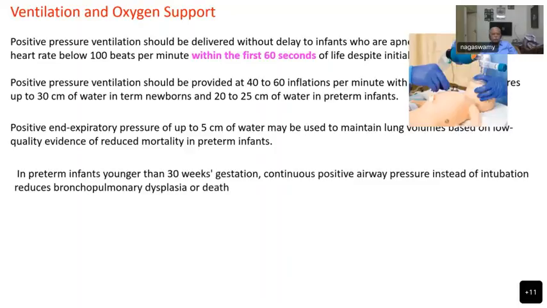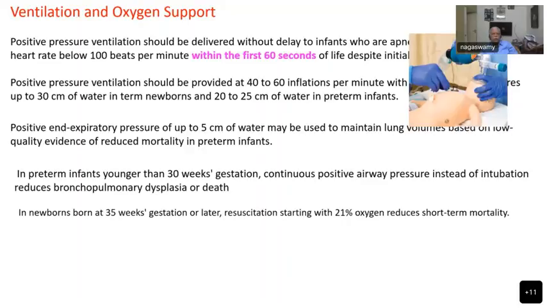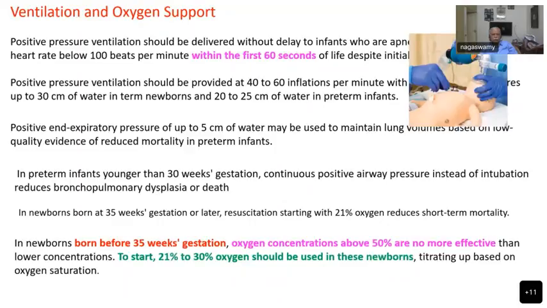In preterm infants younger than 30 weeks of gestation, positive pressure instead of intubation can reduce the bronchopulmonary problems. For newborns at 35 weeks of gestation or later, you start with only 21% oxygen. For those born before 35 weeks, oxygen concentrations above 50% are no more effective than lower concentrations. This is because of the fear of the eye problem that can happen, the so-called, what is that?